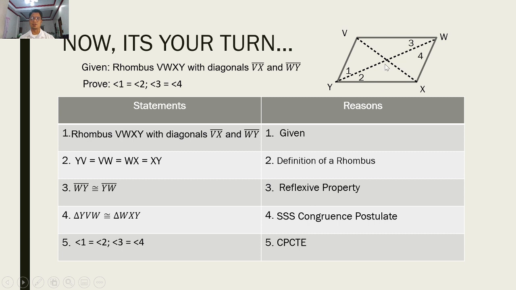Ito. Tapos yung diagonal, reflexive property. SSS. Panay side, walang binanggit na angle eh. So, SSS, Congruence Postulate. At sabi ko nga sa inyo kung ano yung something to prove, yun yung lalabas sa number 5 or sa dulo ng ating statement. So this will be it.